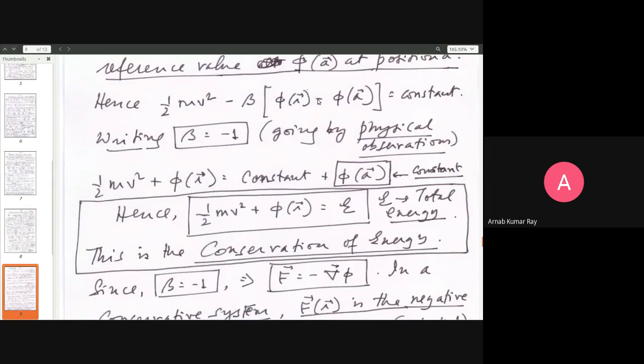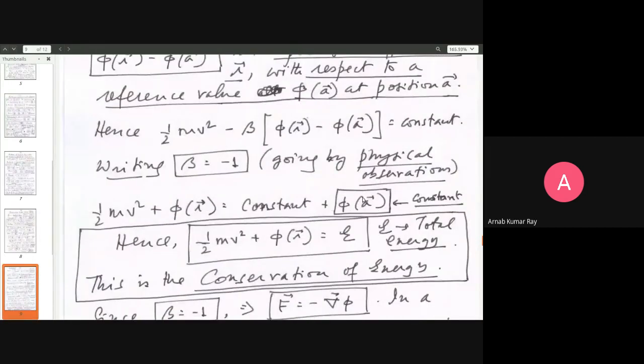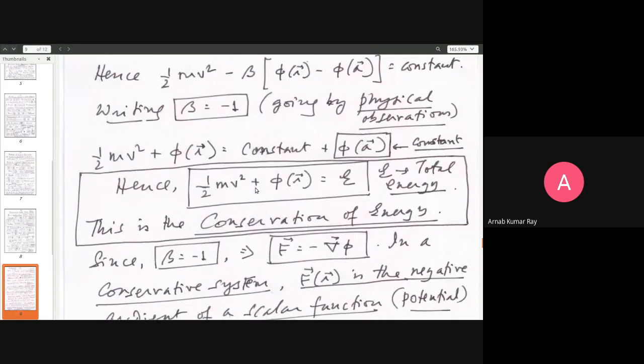And then there is this phi of A. Phi of A is a constant quantity. I'm taking it to the right-hand side. So now you see half mv squared plus phi of R is a constant, the one we got earlier in time, plus another constant, phi at A. Phi at A is the potential at a reference point A. That is also constant. So these two constants add up to a new constant that we defined as the total energy. Half mv squared plus phi R is equal to E.